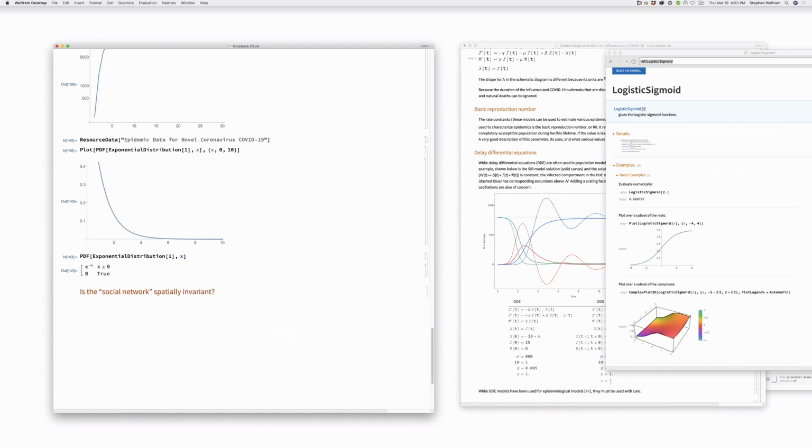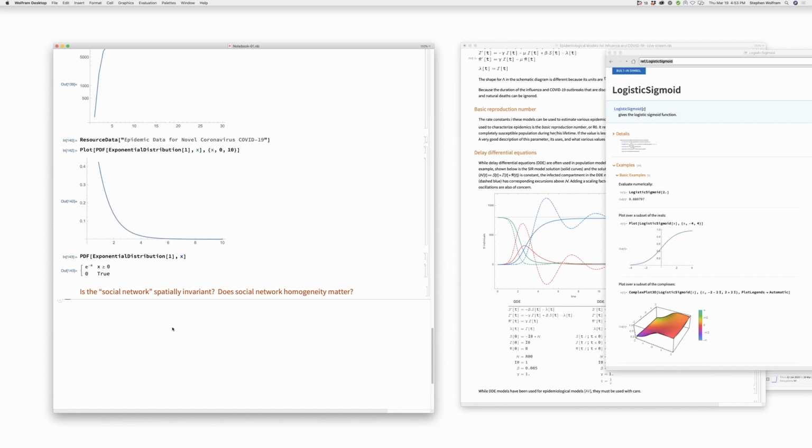Does the homogeneity of the social network matter? Well, there are also questions about local effects, where, for instance, if you have a non-homogeneous social network, then do certain vertices end up having a higher probability of being infected than others, and so on.